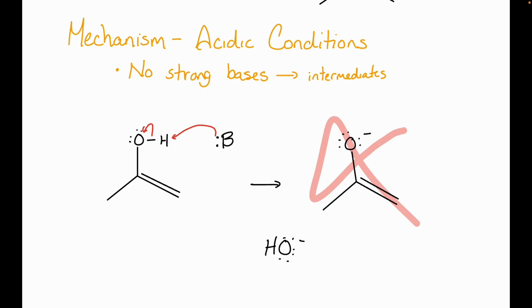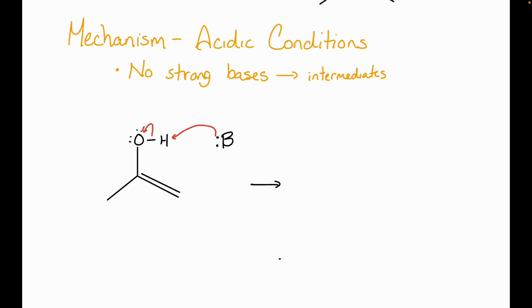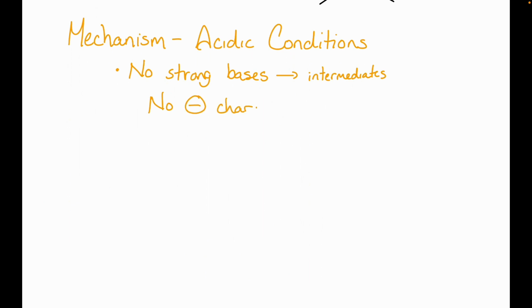All right, so under acidic conditions, and we're going to classify mechanisms like this a lot, we can't have something like this happen. No strong bases, and what we're going to see is no negative charges. Negative charges on a carbon, on an oxygen, something like that is indicative of a strong base.